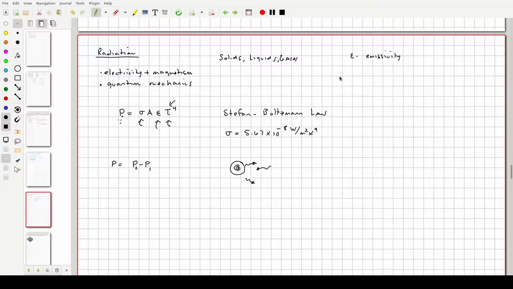An emissivity of 1 is a perfect emitter and receiver. There you go. Okay, so a good example of a perfect emitter and receiver would be the sun. These things also have a name. They're called black bodies.